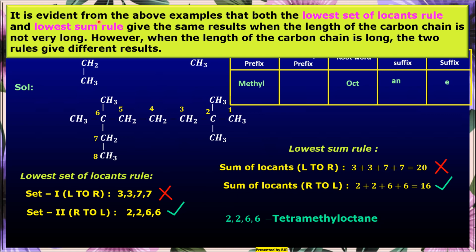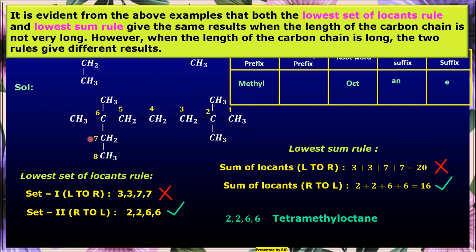It is evident from the above examples that both the lowest set of locants rule and lowest sum rule give the same results when the length of the carbon chain is not very long. However, when the length of the carbon chain is long, the two rules give different results. Up to this it is okay.